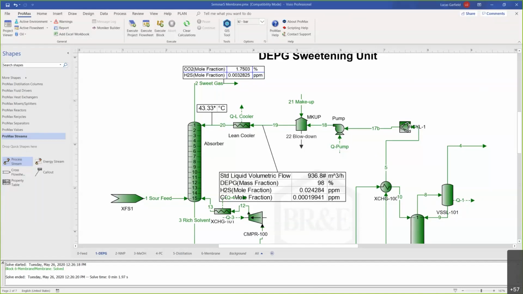So Mani Kandan has asked for a few examples of feed stream sources for CO2 recovery processes. I mean, there's lots of places where you might need to recover CO2, right? Different feeds could be syngas. Syngas has lots of CO2. Natural gas can have lots of CO2, especially if you think about maybe a reservoir where you're using CO2 for enhanced oil recovery, right?